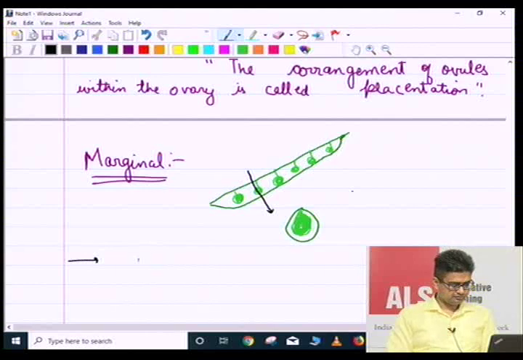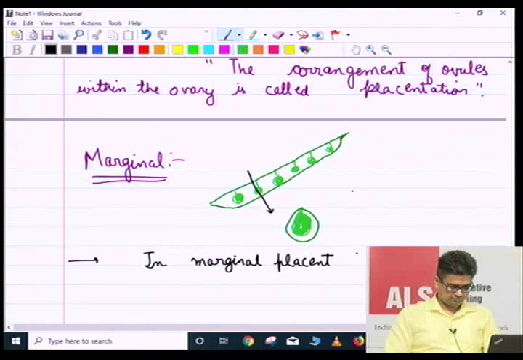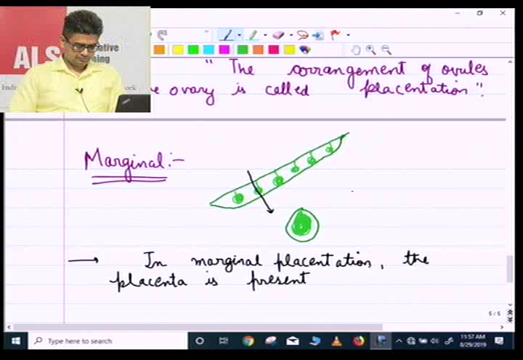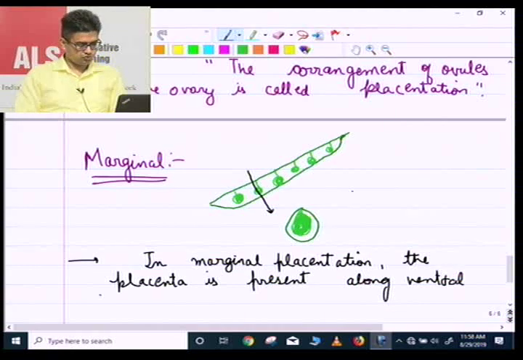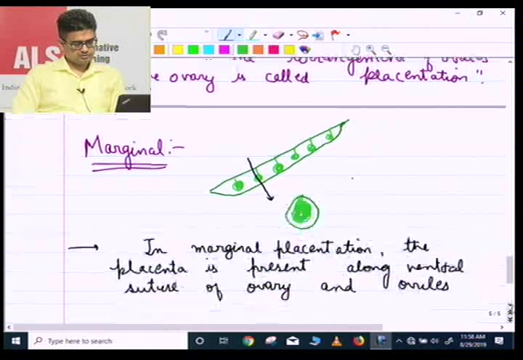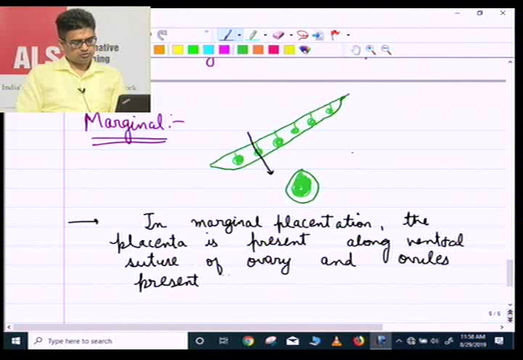In marginal placentation, the placenta is present along the ventral suture of the ovary and ovules are present along the margins, called marginal placentation.